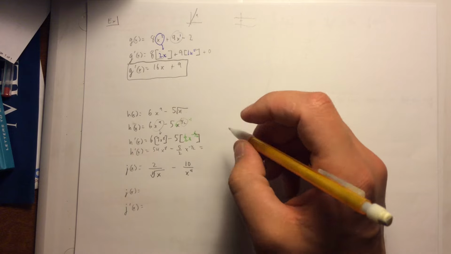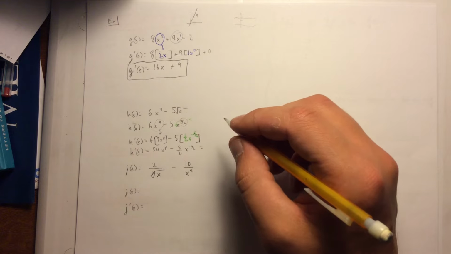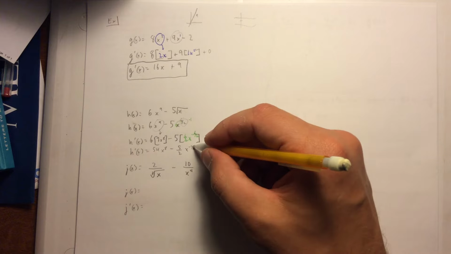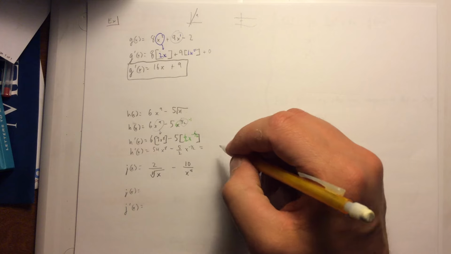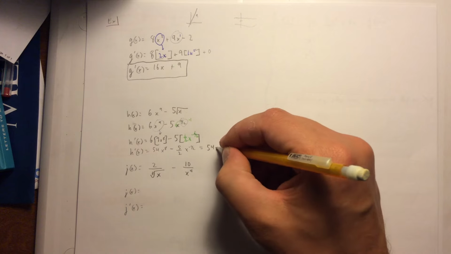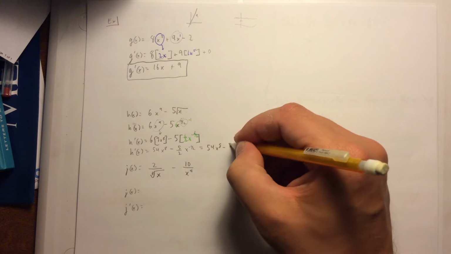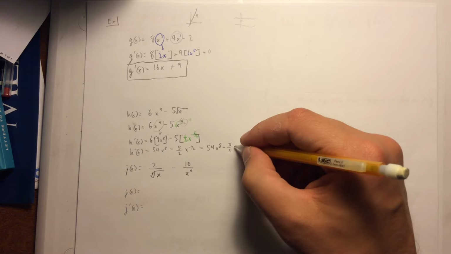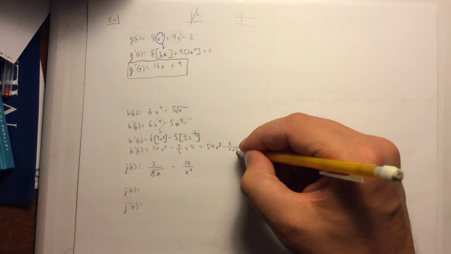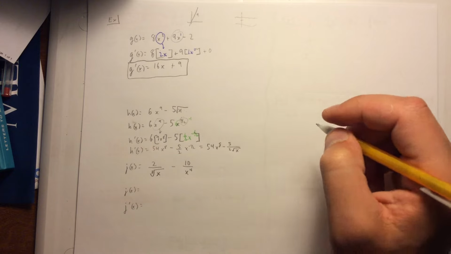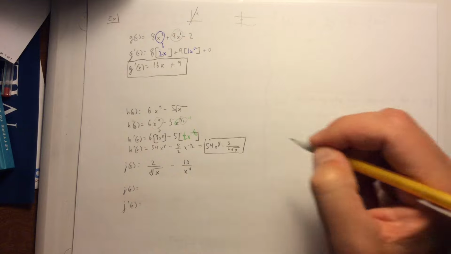Oh, we don't like negative exponents. Actually, it doesn't bother us. But let's say it's a multiple choice question. That's not one of the answers, so it's going to be 54x to the 8th minus 5/2. X to the 1/2 is the same thing as the square root of x on bottom. Boom. Done.